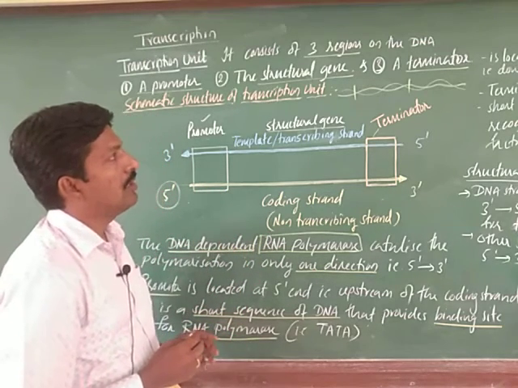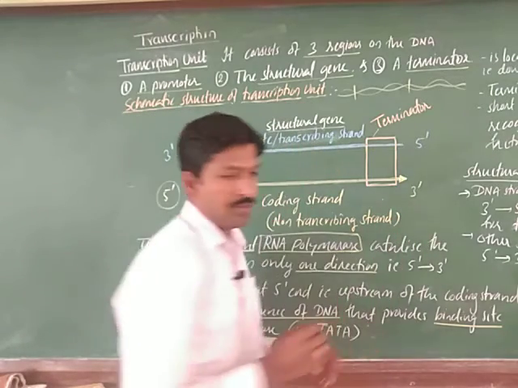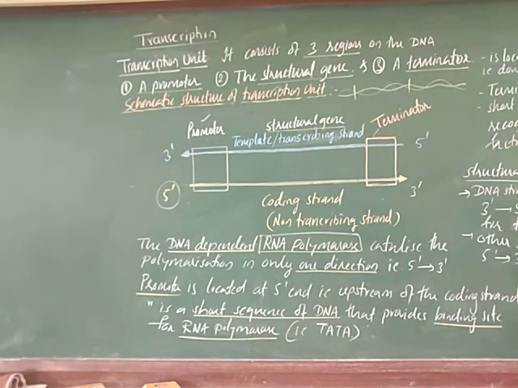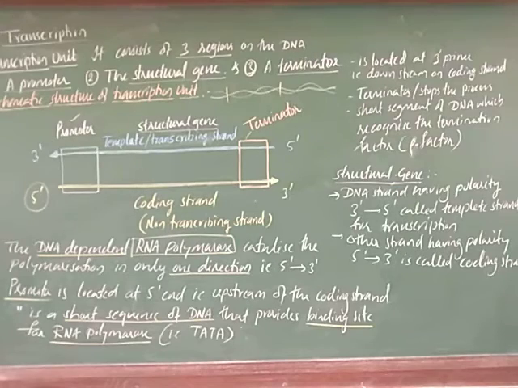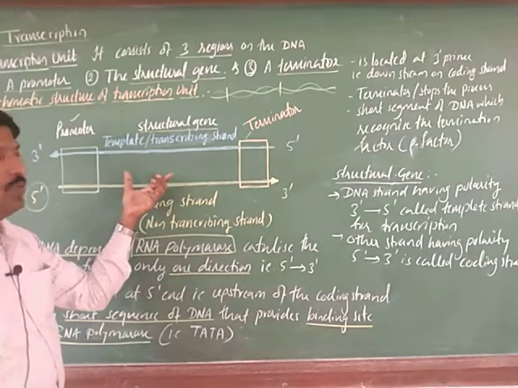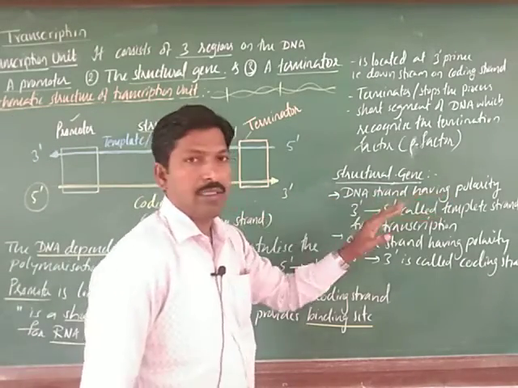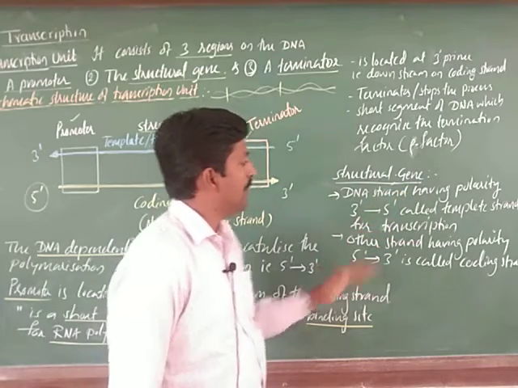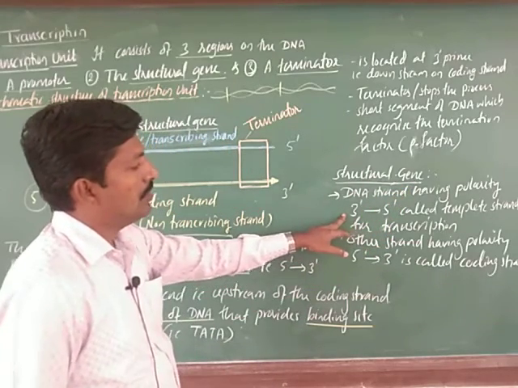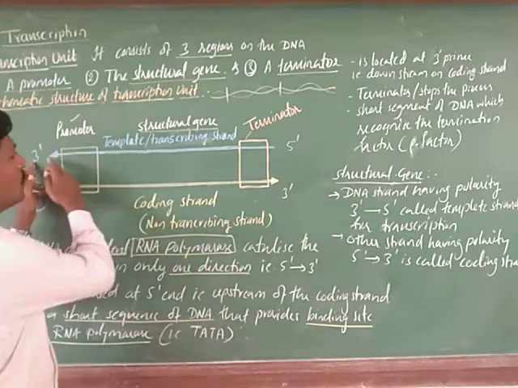Next, about the structural gene. Let us start the structural gene now. This is the structural gene region. Here the DNA strand has a polarity of 3' towards 5'.